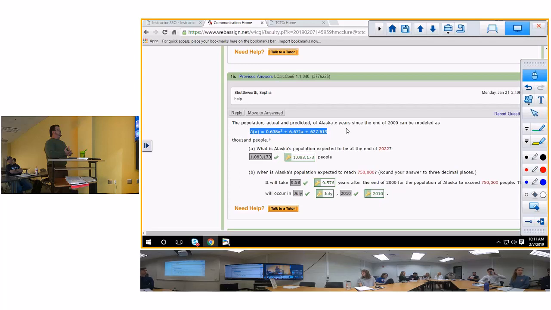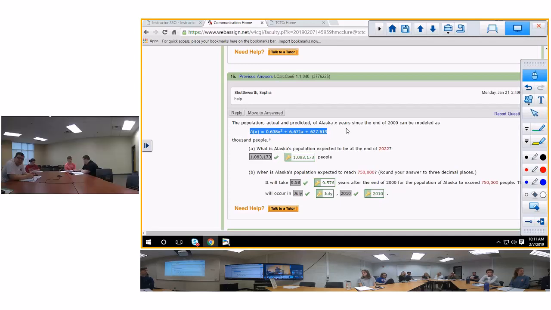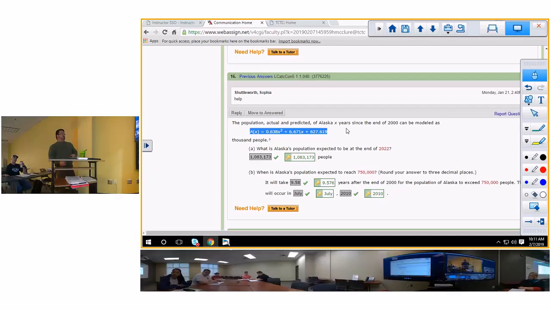But most of your problems in business are going to be done with the calculator, Excel, or the quadratic formula, because what are those numbers up there? They're not whole numbers, they're decimals. Write this down: decimals, quadratic formula, calculator, or Excel.